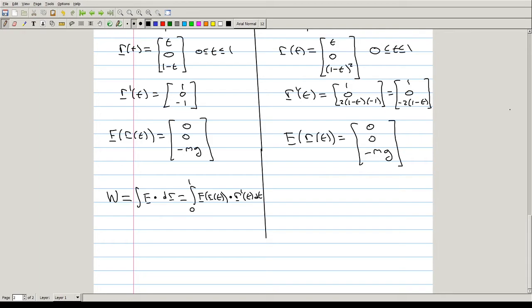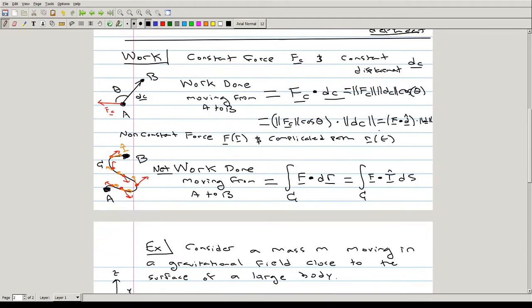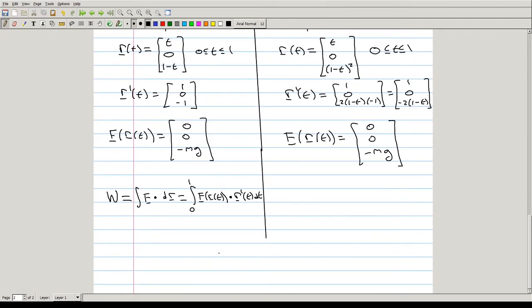And you remember that if you use the standard definition for the tangent vector up here, the ds is the magnitude of r prime, and t hat is the vector r prime divided by the magnitude of r prime, so those cancel out, and this reduces to just this formula right here.